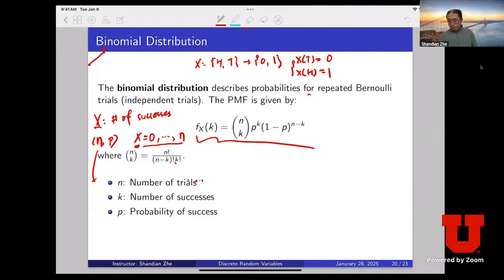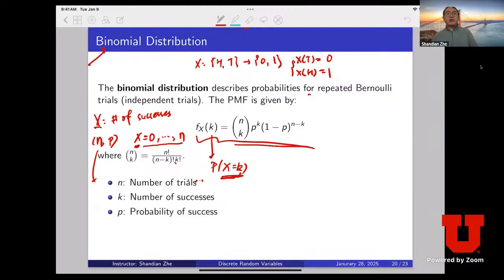So the PMF value at k, meaning the probability of the binomial random variable x taking value k, is this, right? So remember, how is this derived? Because x equals k defines the event. Always remember, an event is a set. This event consists of all sequences which contain k heads.